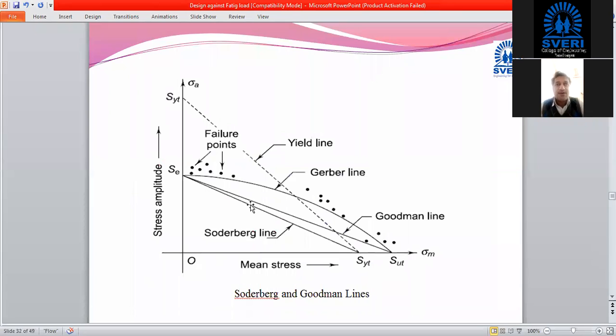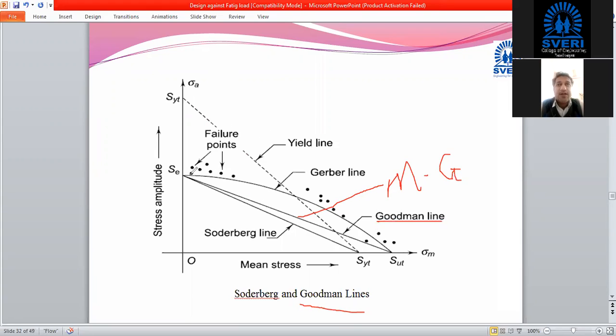When we compare the Soderberg as well as the Goodman line, these two people have worked. Again, Goodman has modified his previous study, and that is known as the modified Goodman line. Here you can see the modified Goodman line. I will call it MG, where he has modified, and here also the Goodman line has been given.